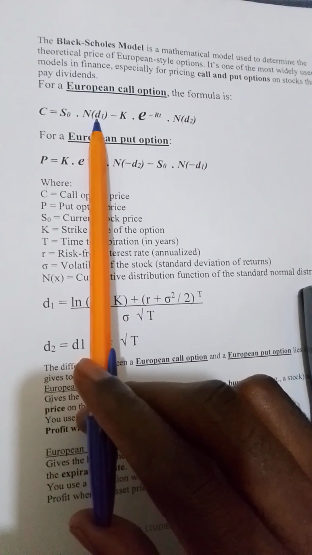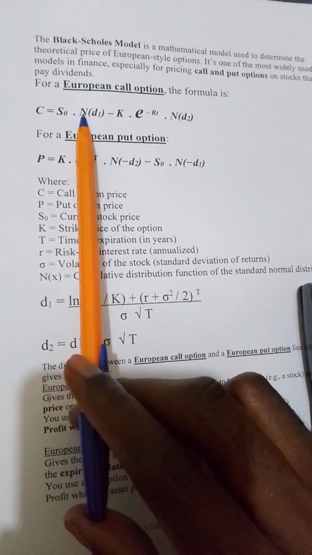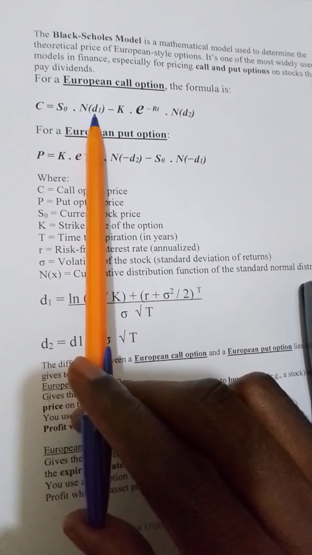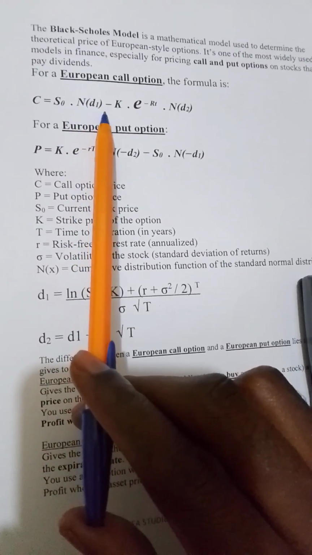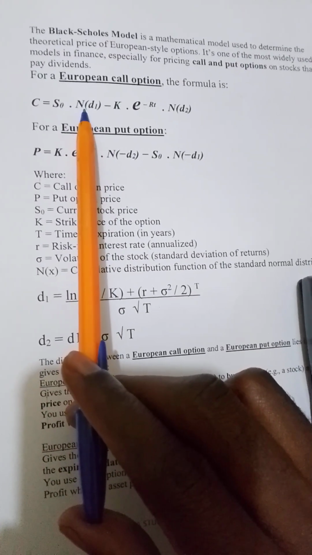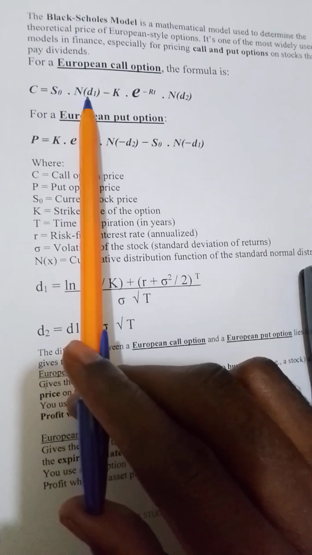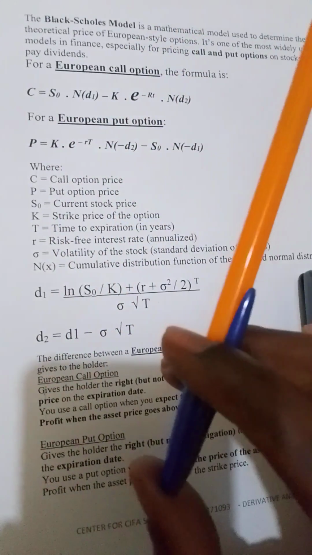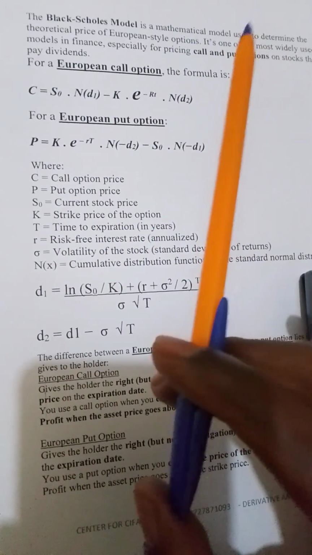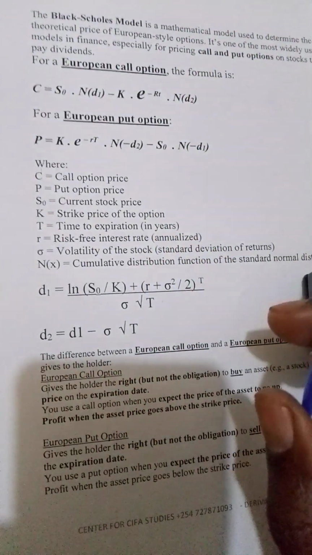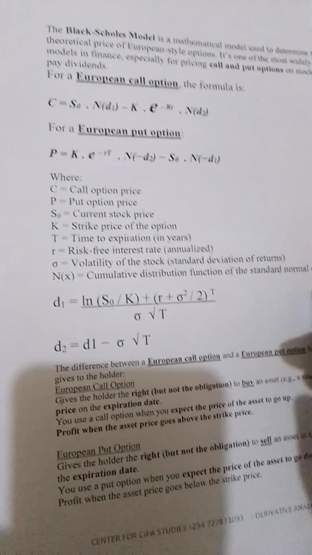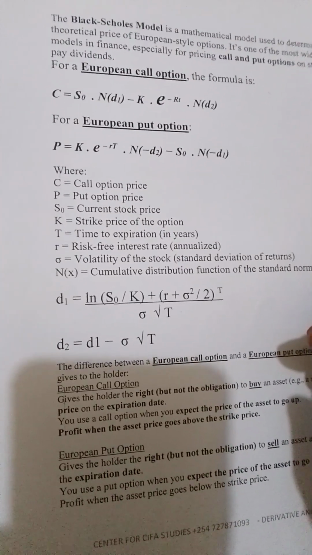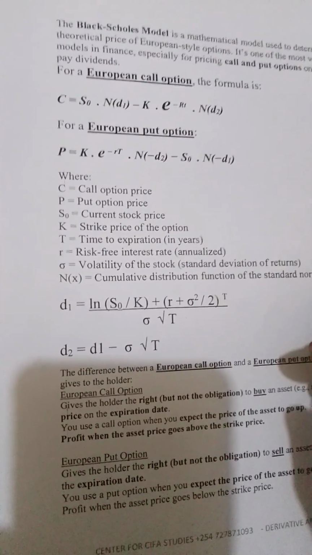I showed you how to calculate D1 and then how to get N(D1). Once you calculate D1, you should be able to read the number from our binomial tables. So to calculate C, the European call option, because you have the European call option and the European put option. Now call means to buy and put means to sell.